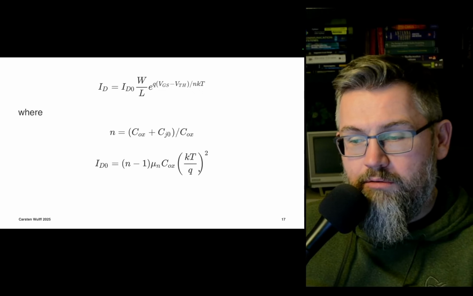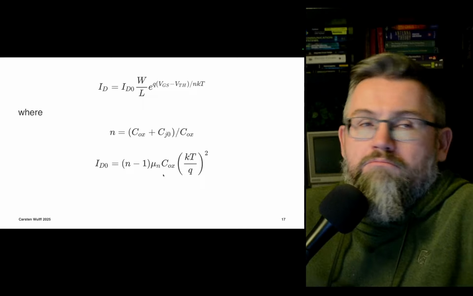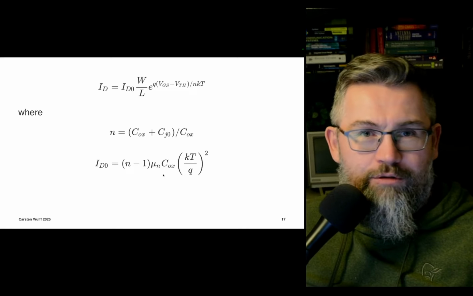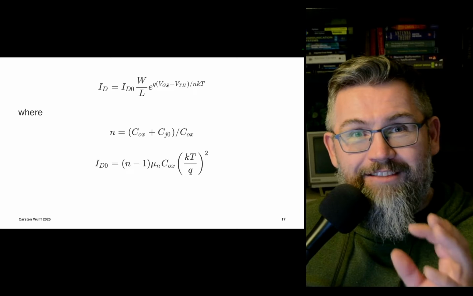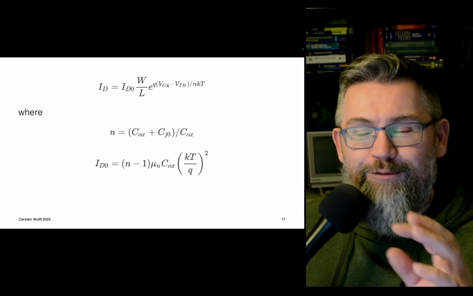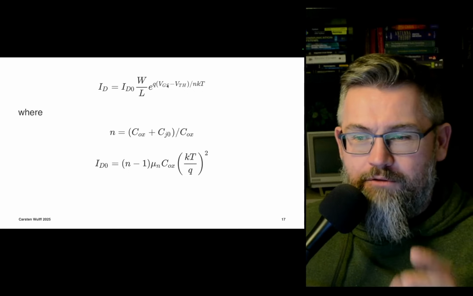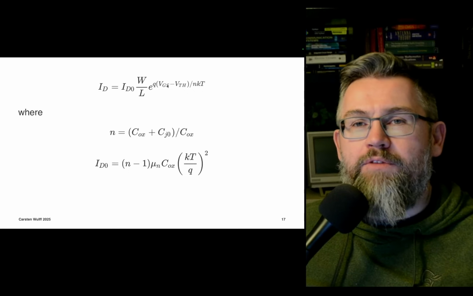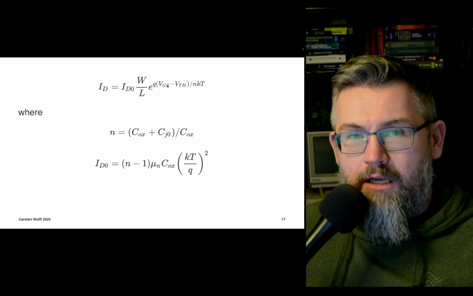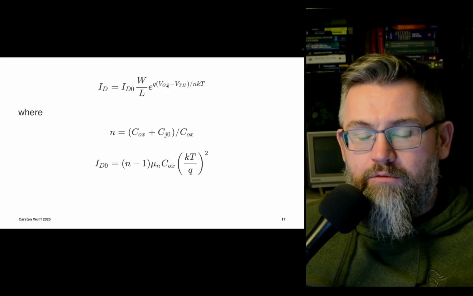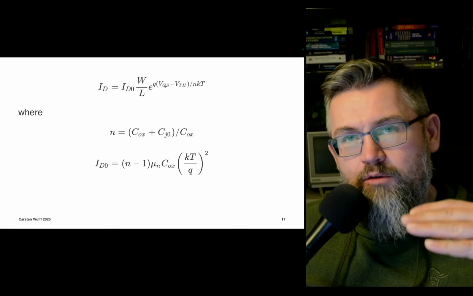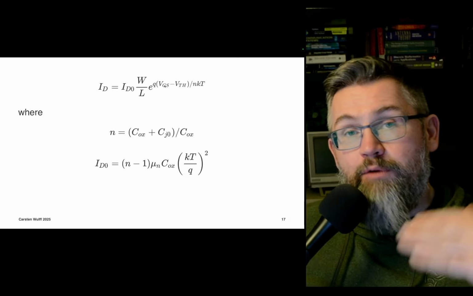So this ID0 is a parameter for the transistor that we could measure, as long as we put the gate source voltage at the threshold voltage, whatever this threshold voltage is. Okay, so this is the behavior of the MOSFET in weak inversion, where the gate source voltage is quite a bit below the threshold voltage.